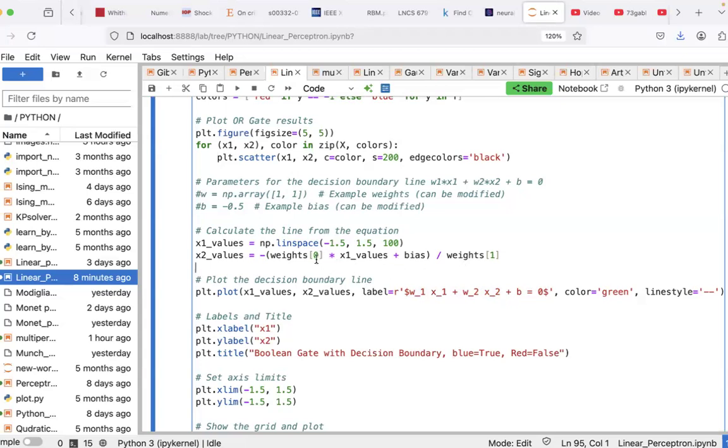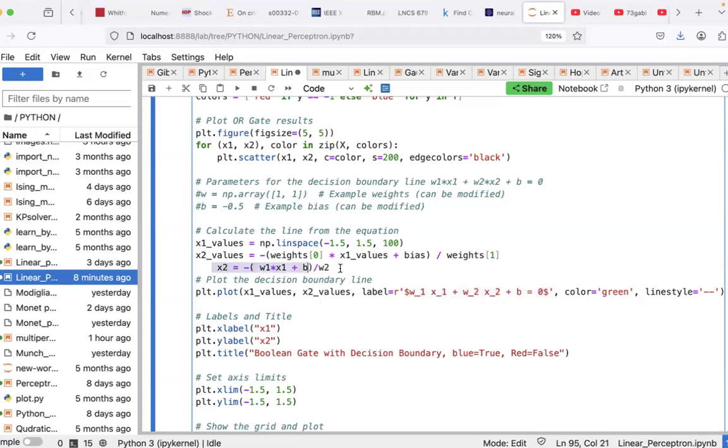Remember that Python numbers the indices from 0. So we have the formula x2 equal to minus w1 times x1 plus b, divided by w2. This is an alternative way to write this equation.